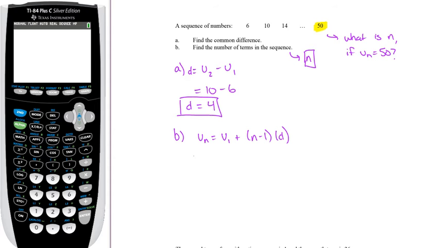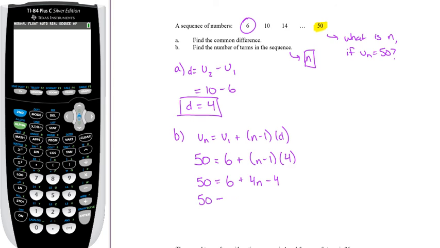So if un is 50, I'm going to replace un with 50. I know u1 because that's the first term in the list, that's 6. What I don't know is n, so that's going to stay as an unknown. And d, I calculated in the first question, is 4. Some simple algebra here will help me figure this out. I can use the distributive property to expand this out: 4n minus 4.